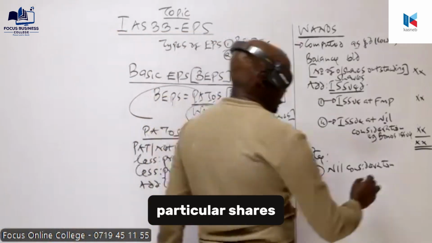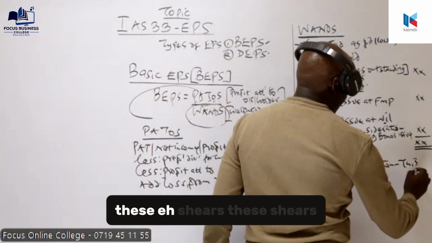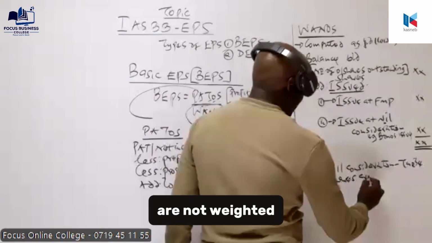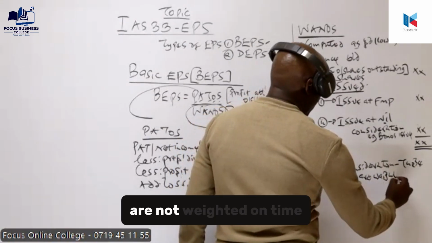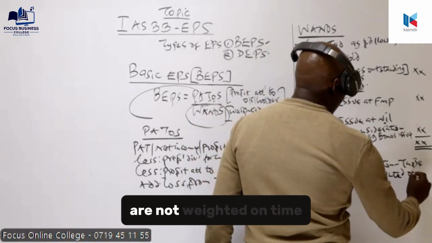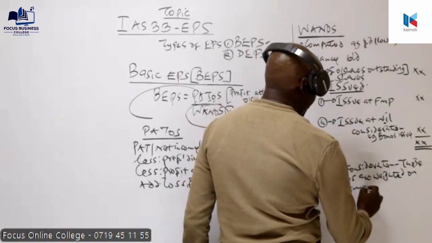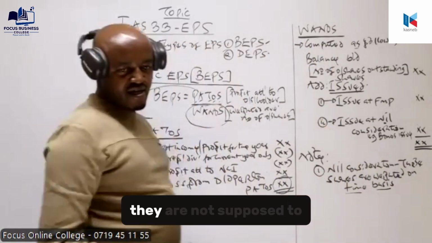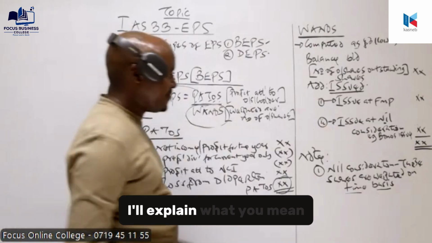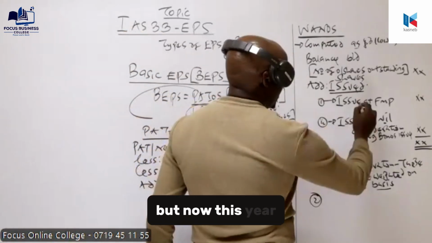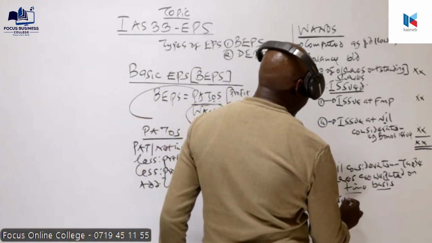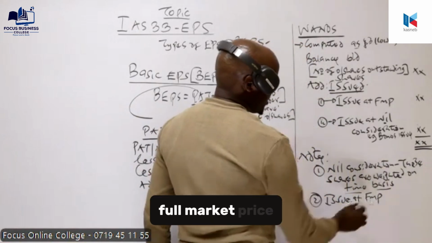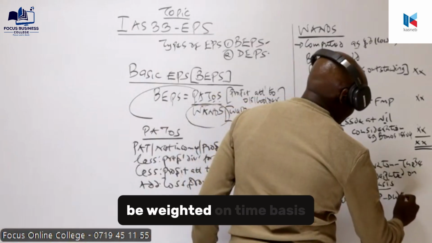Now, these shares are not weighted on a time basis. I will explain what I mean by that further. But now, the shares which are issued at full market price are supposed to be weighted on a time basis.